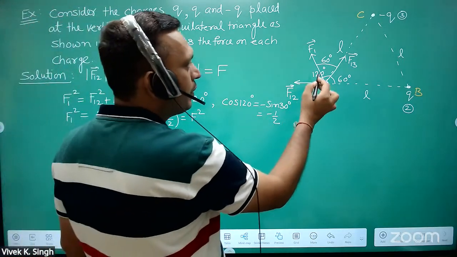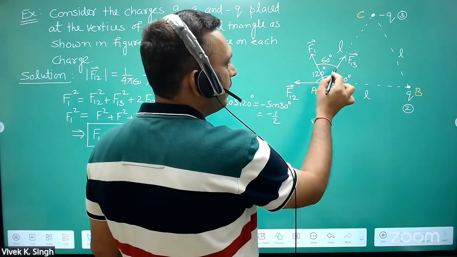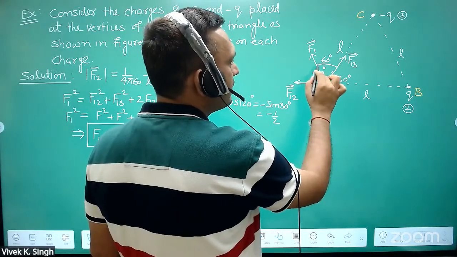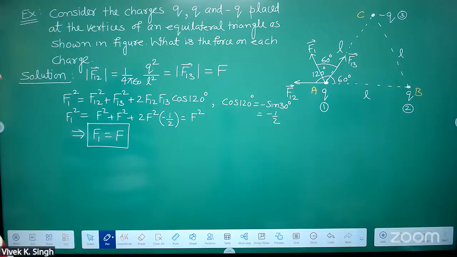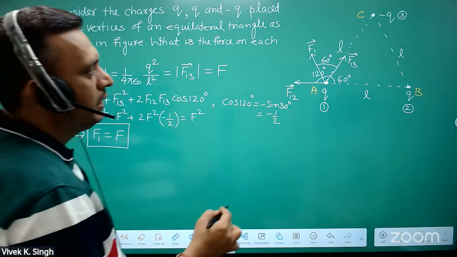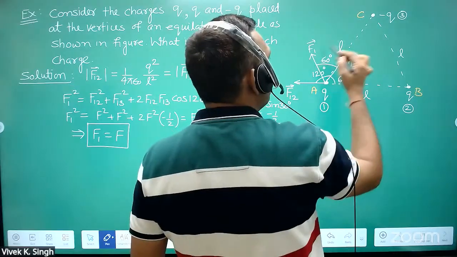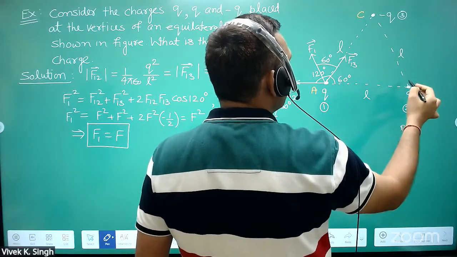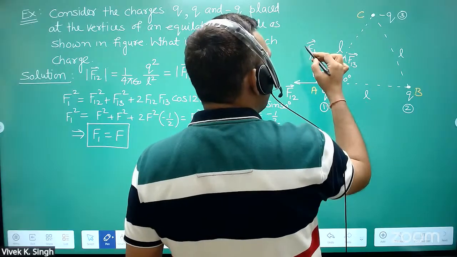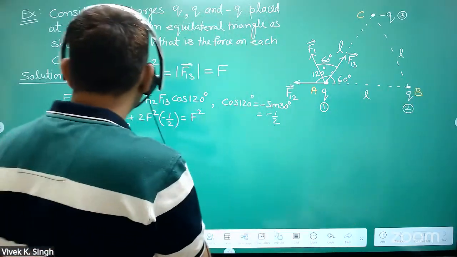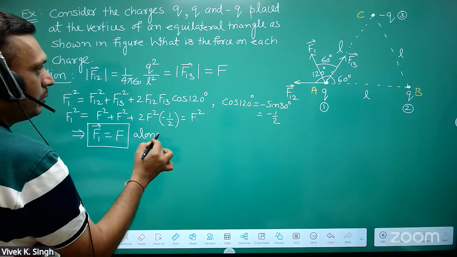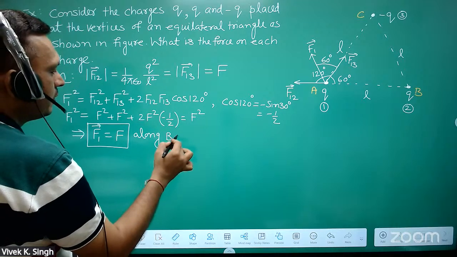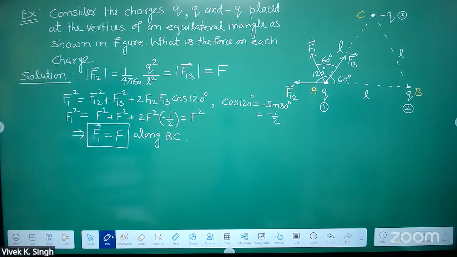And what will be its direction? This will make an angle of 60 degrees with this line, and you will see this line is parallel to this line. Yes or no? This line is parallel to this line. So if you write the force F1, the magnitude is F and the direction will be along BC. Force F1 will be along BC.